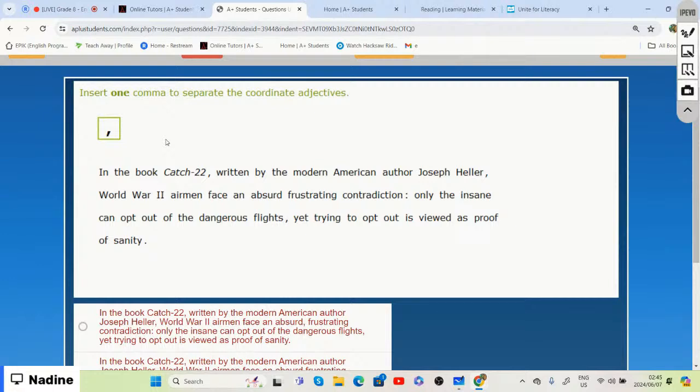Only the insane can opt out of the dangerous flights, yet trying to opt out is viewed as proof of sanity. So we need to now add our one comma to separate the coordinate adjectives.